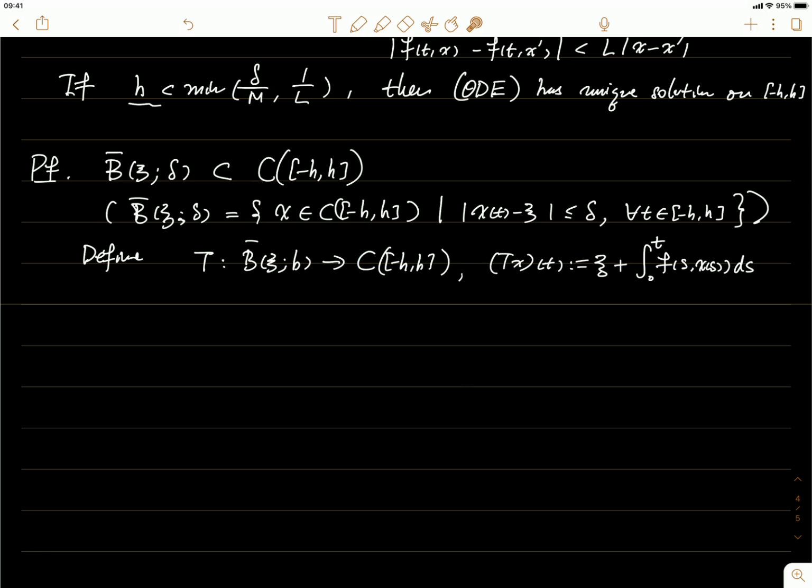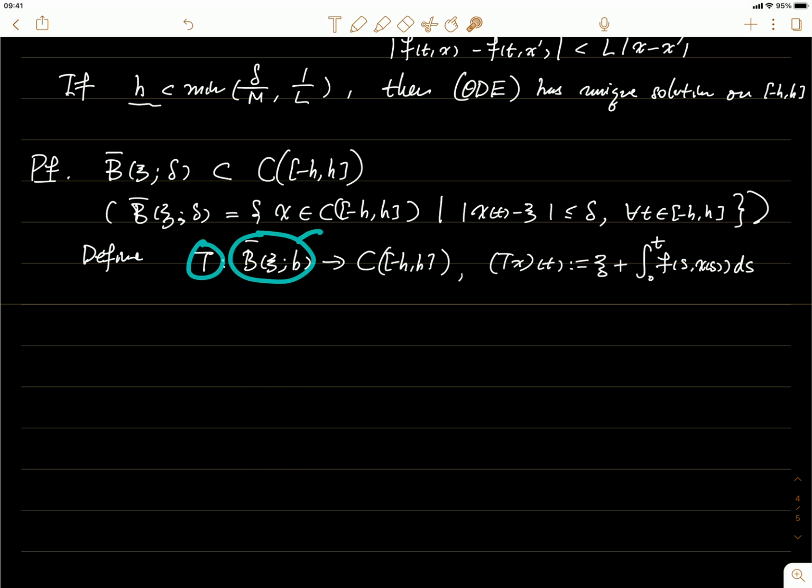And the question is, can we show that this T is a mapping not to this general space, but from this one to itself. And since this one is a closed subset of the C, which is a complete space, this closed subset itself forms a complete space. If I have a closed subset of a complete space, it has to be complete as well. And we're going to show that this T is actually mapping from this to itself.